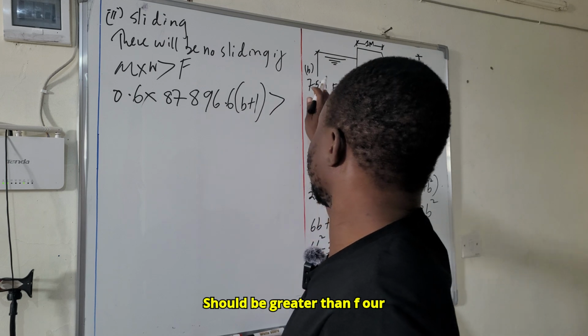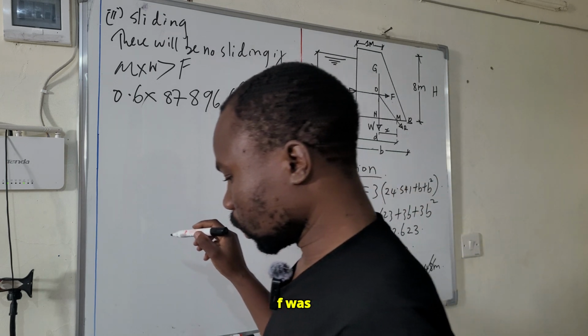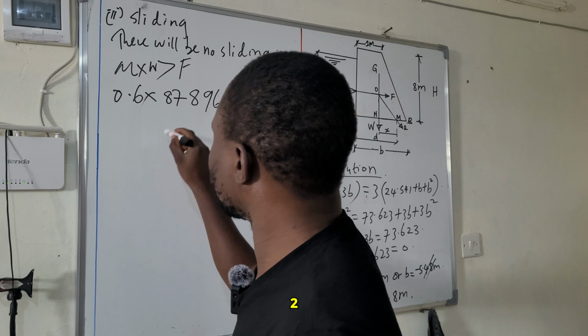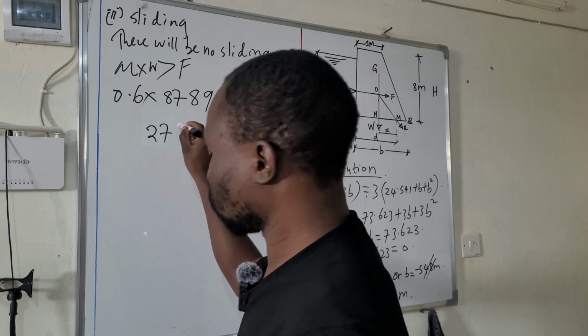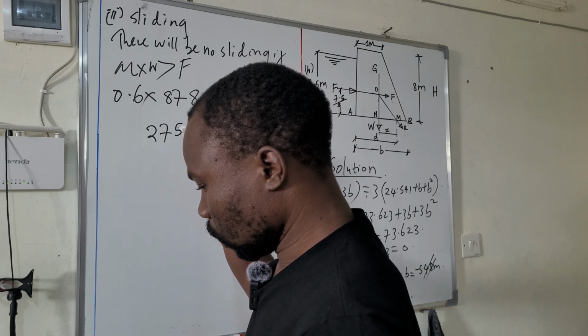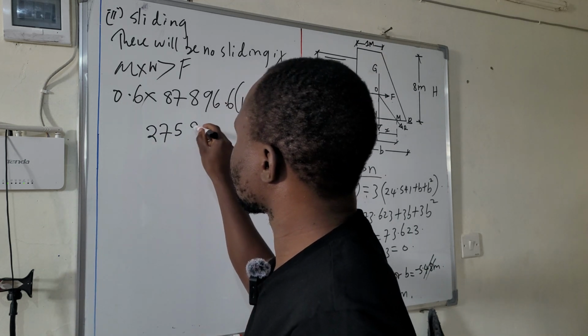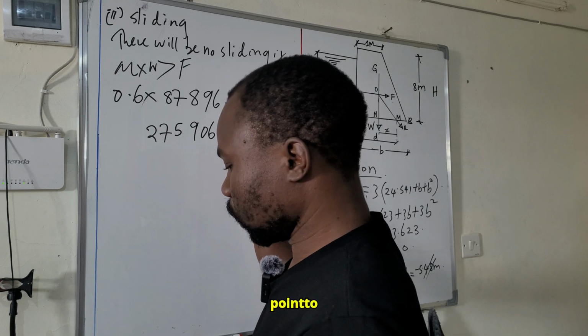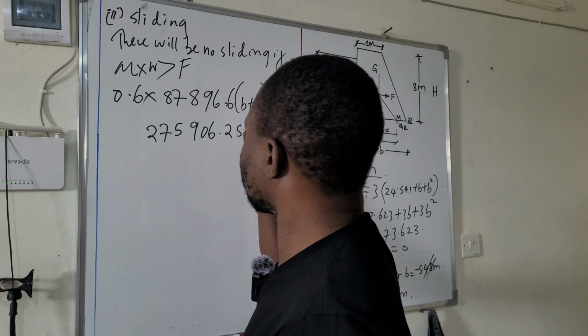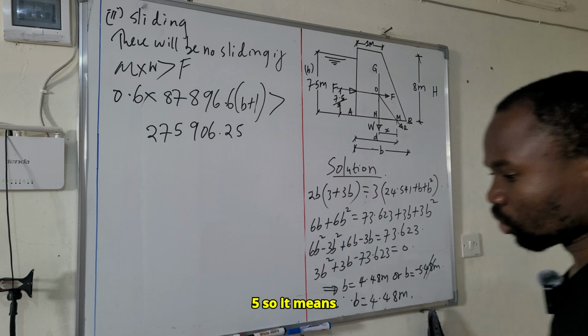This should be greater than F. Our F was 275,906.25.